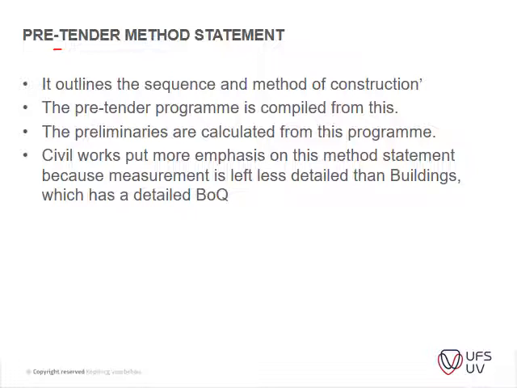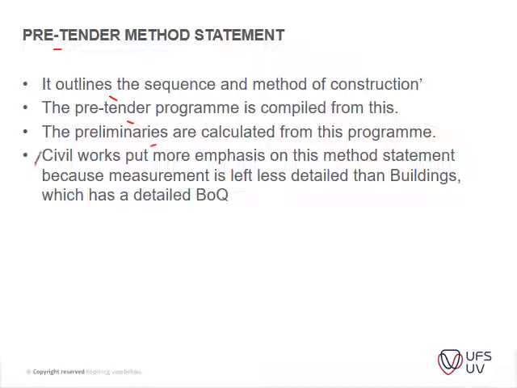So the short and long of the pre-method statement: it outlines the sequence of your method of construction, and the pre-tender program is compiled from this. The preliminaries are calculated from the program, and the civil works put more emphasis on the method statements because the measurement is less detailed than buildings.